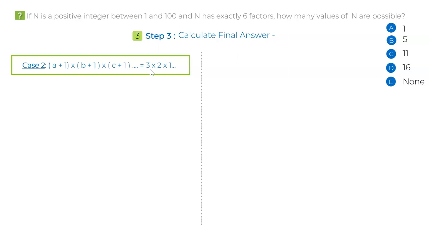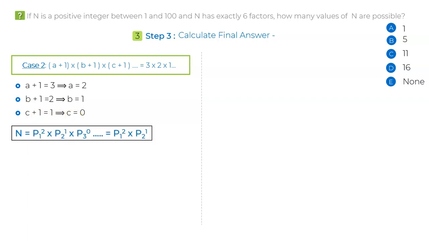But this is the second case, which is 3 times 2 times 1 and so forth. Again, the rest of them will also be 1. So I'll say a plus 1 is equal to 3, where a is equal to 2. B plus 1 is equal to 2, where I'll get b as 1, and c plus 1 is equal to 1, where I get c as 0. So I know that n is nothing but p1 to the power 2 times p2 to the power 1, and the rest of the powers will all be 0. So I don't need to worry about it.